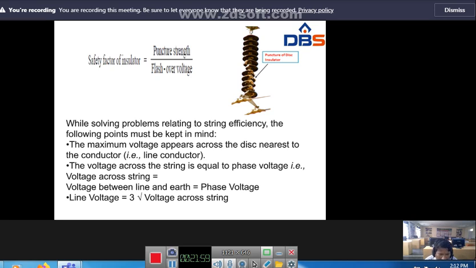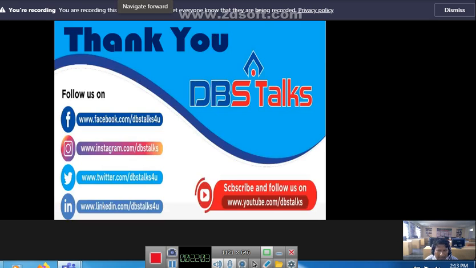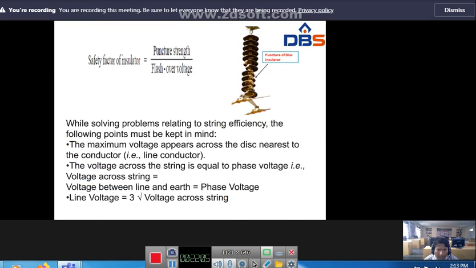Suppose we are given the line voltage, then divide by √3 to get the voltage rating of the string. In this manner, we have to calculate the string efficiency, and make it as high as possible. That means by using longer cross arms, by using a guard ring, and by grading of cables. These three methods are very important for improving the string efficiency.